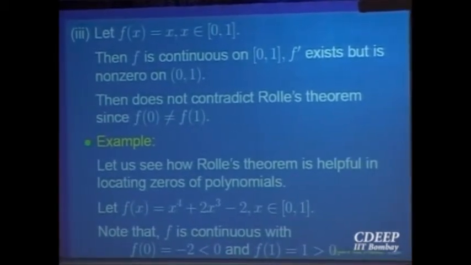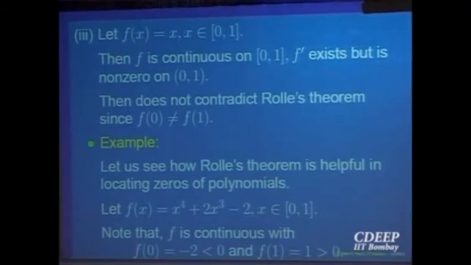So this continuous function takes a negative value and a positive value, and there must be a point in the interval 0 to 1 where this polynomial is equal to 0. So there is at least one root in 0 to 1. You see how continuity is used to say that there is a root in between. That is what is normally done.